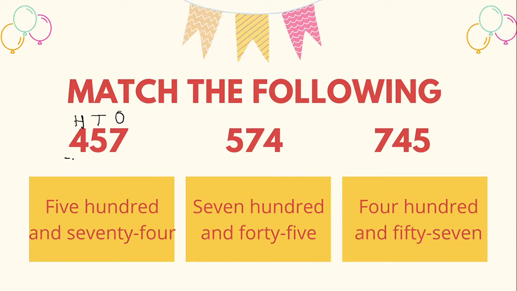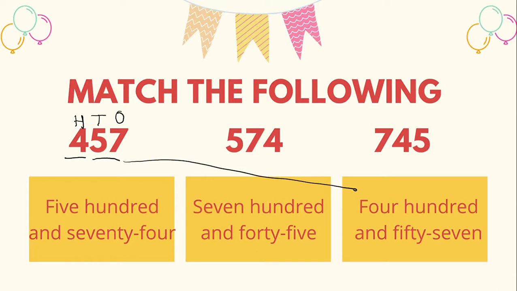The digit in hundreds place will be read first, followed by the digits in the last two places. So, the number name for this numeral is 400 and 57, read together is 57. So, the number name is 457. That's the third option.